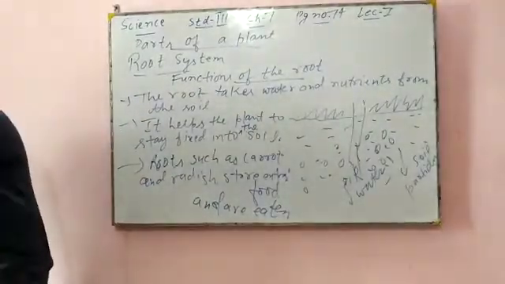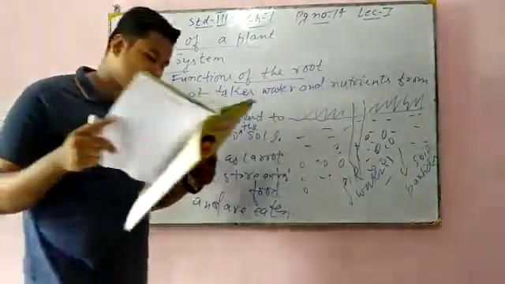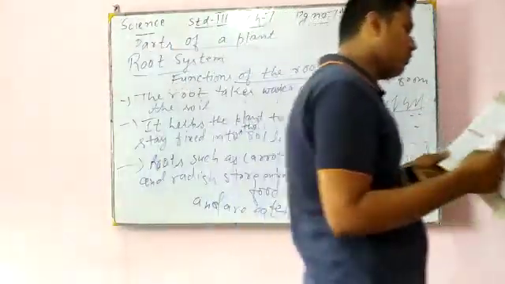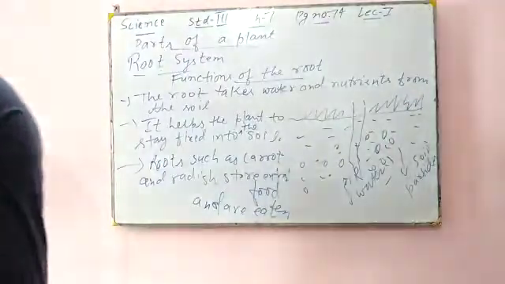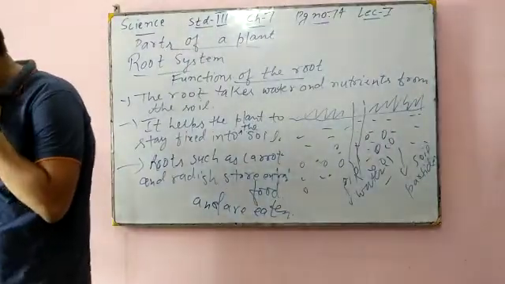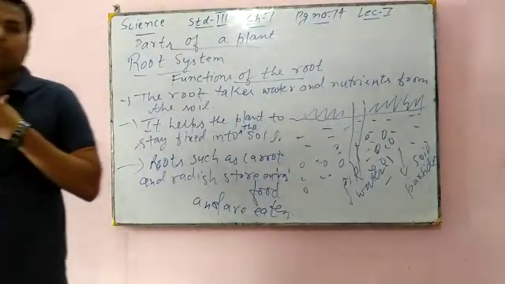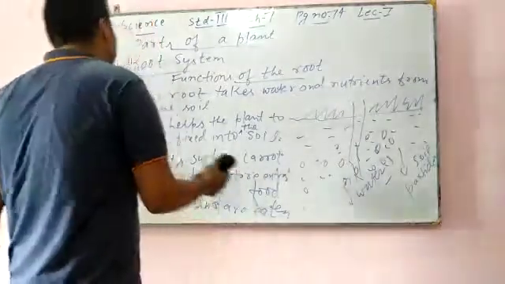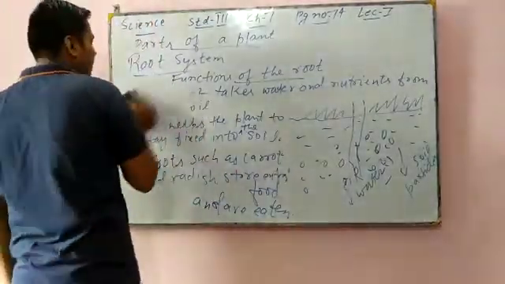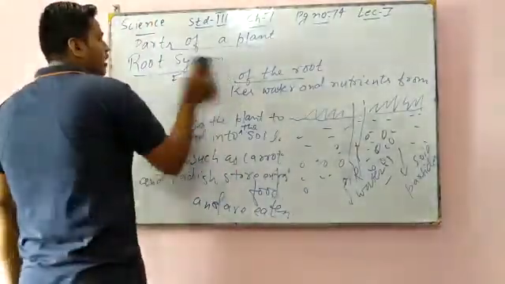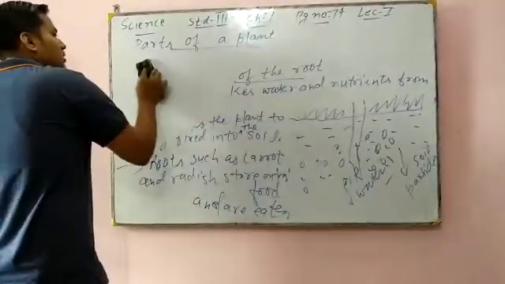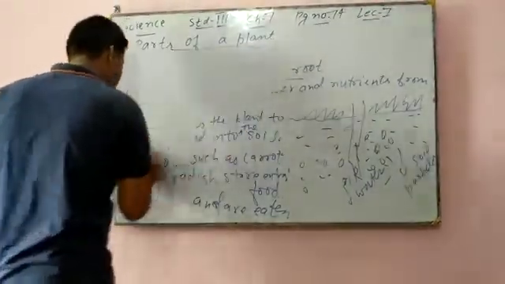So now the root of the plant usually forms either a taproot system or a fibrous root system. It cannot form both systems. Either it can form taproot system or fibrous system. So first we will see taproot system.